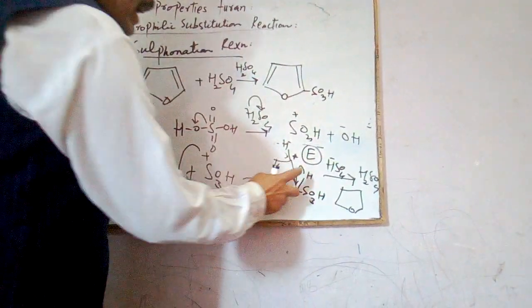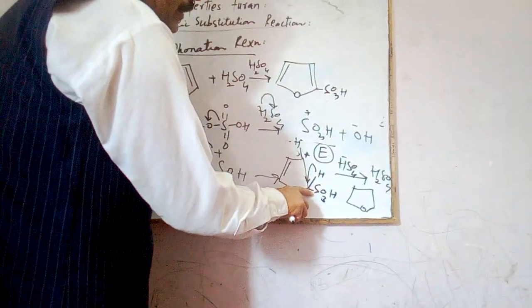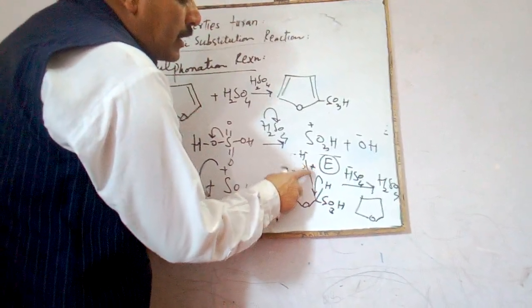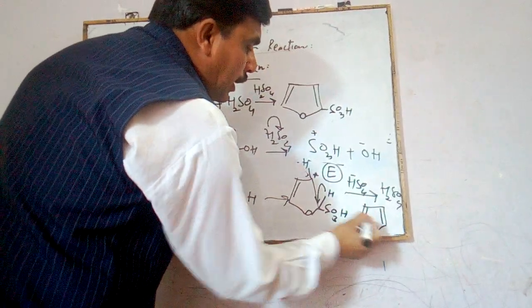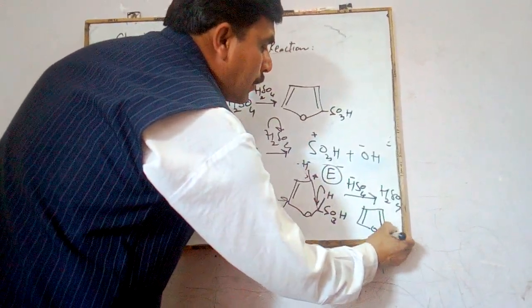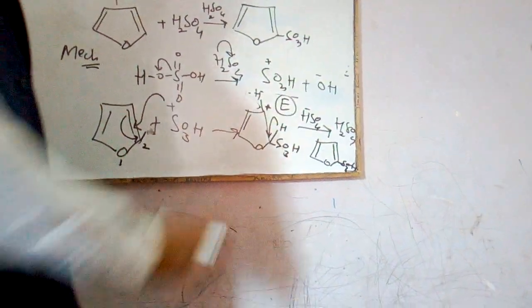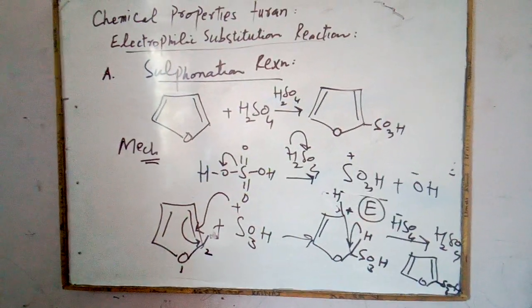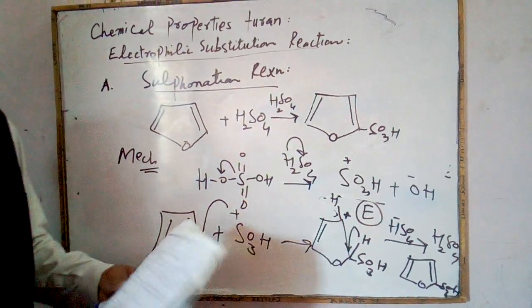After taking up a proton by this carbon, this position will become negatively charged and the adjacent carbon positive. So the pi electron system will be recovered, SO3H will remain substituted, and H2SO4 will be regenerated. So this is said to be a sulfonation reaction, meaning electrophilic substitution of the sulfonic acid group into the ring.